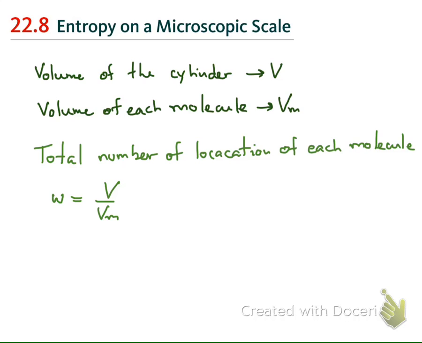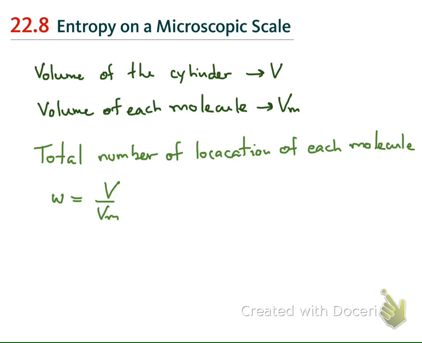It means that each molecule will occupy the volume Vm and the total volume of the cylinder is V. So if we divide the total volume of the cylinder by the volume of one molecule, it will give us approximately the possible locations of each molecule. So this is for one molecule.